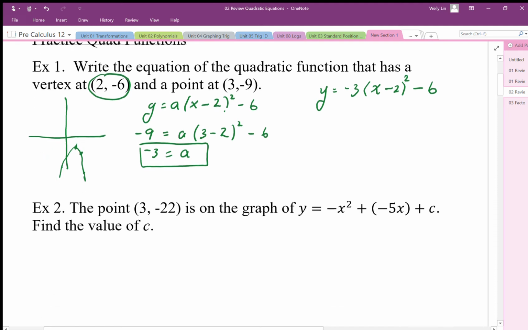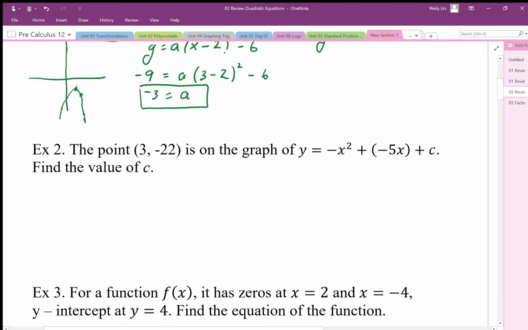Okay, so here's another graph. Here we've been given the standard form or the general form, and we've been given a is negative 1, b is negative 5, and we want to find c. Okay, and really this is a simple but important piece of functions and graphs.